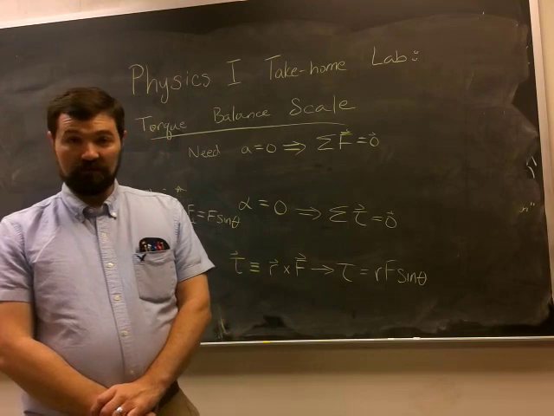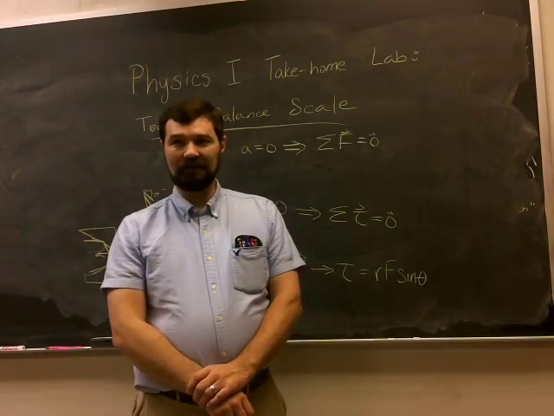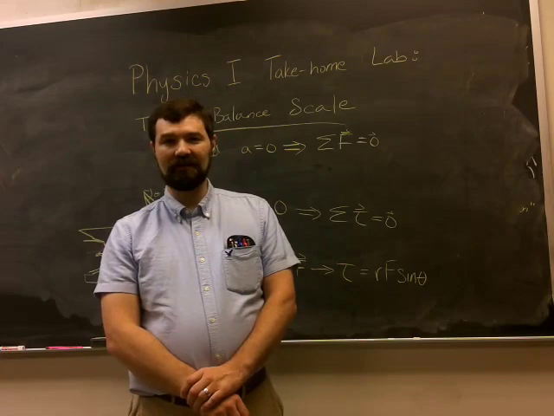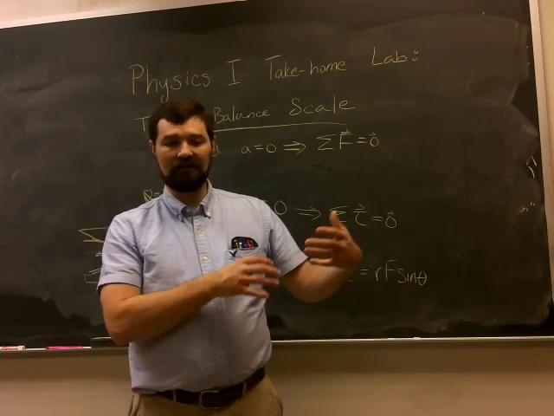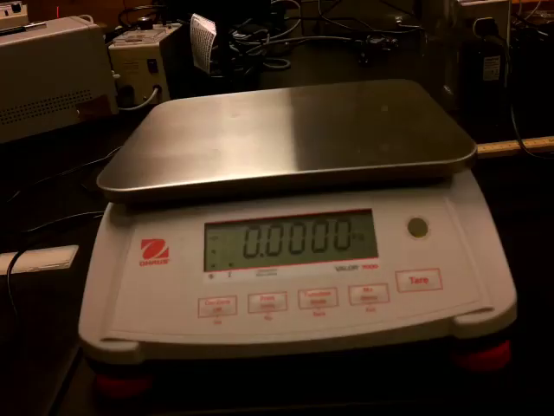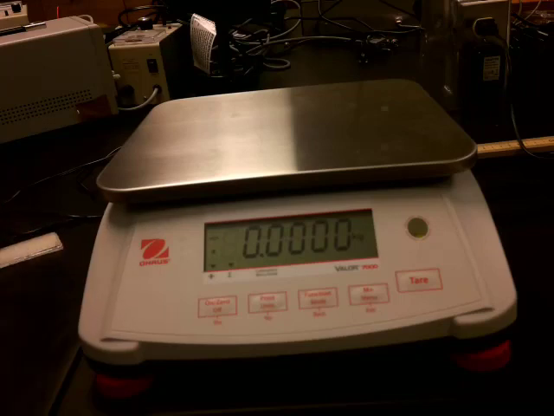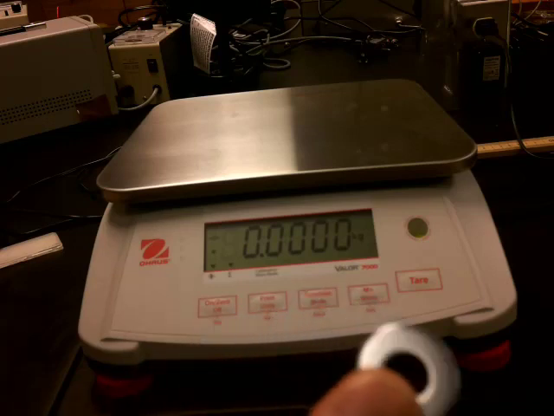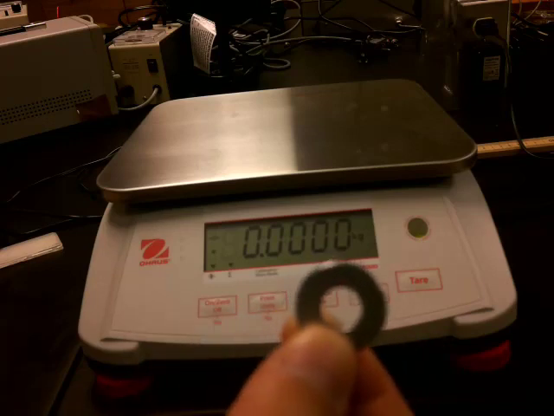Now, what about the lab itself? We're going to look at how to do the actual lab here, and then I will make an addition to the video that shows how to do some of the calculations. The first step of this lab, and this is a step that you have to do before beginning the lab, and you kind of have to do in the lab on campus, or else be using a standardized part, is that you have your calibration weight.